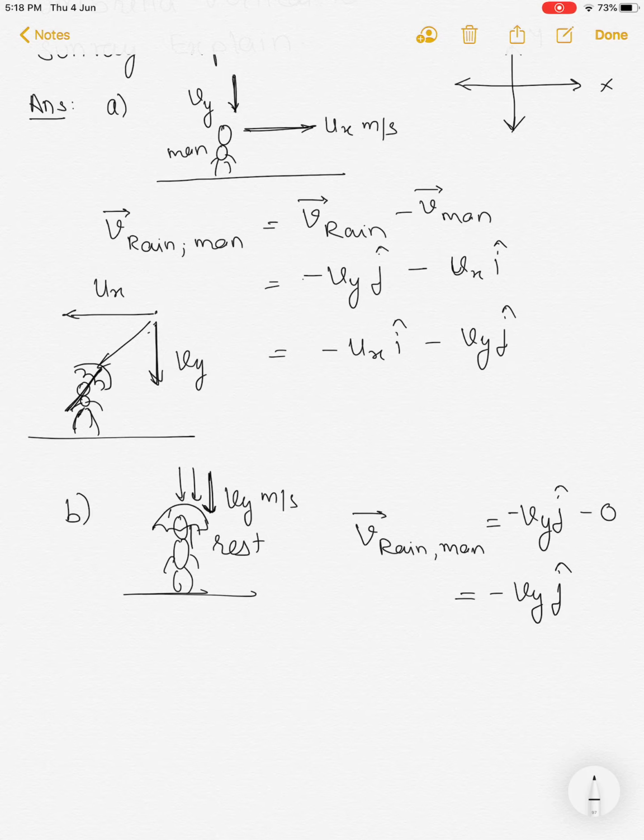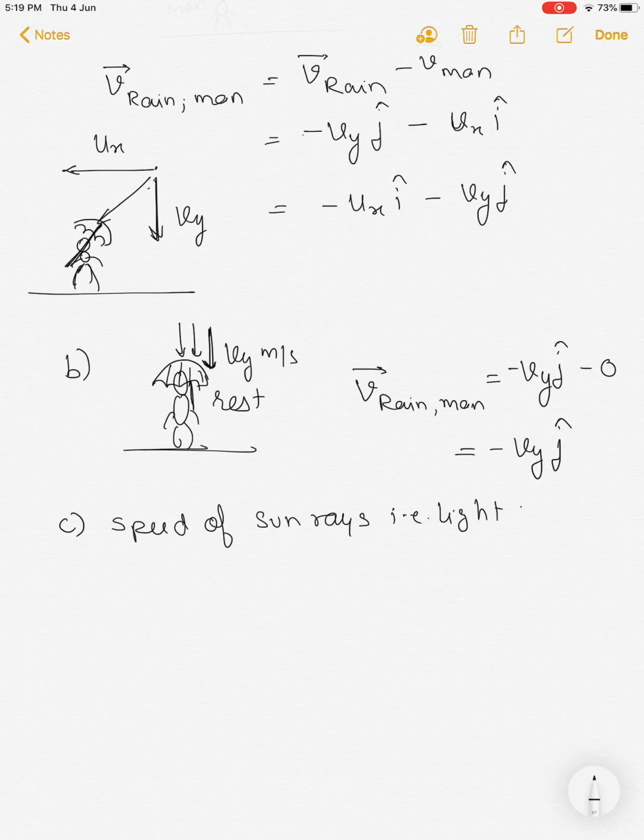In the third case, it is seen that both the men keep their umbrella vertical to avoid sun rays. So in such a case, the speed of sun rays, that is light, is 3 into 10 to the power 8 meter per second.